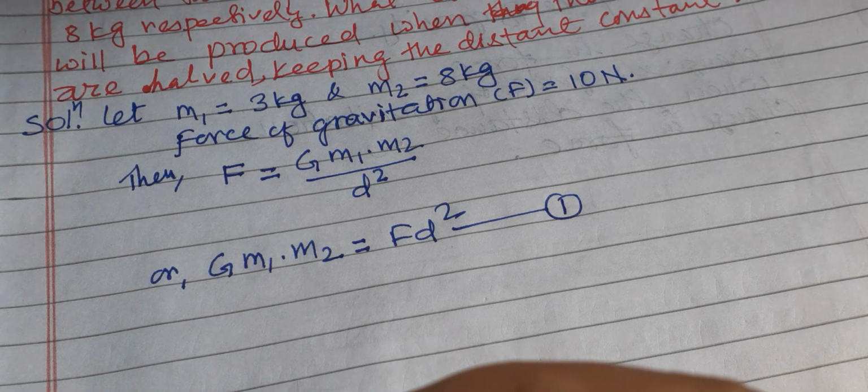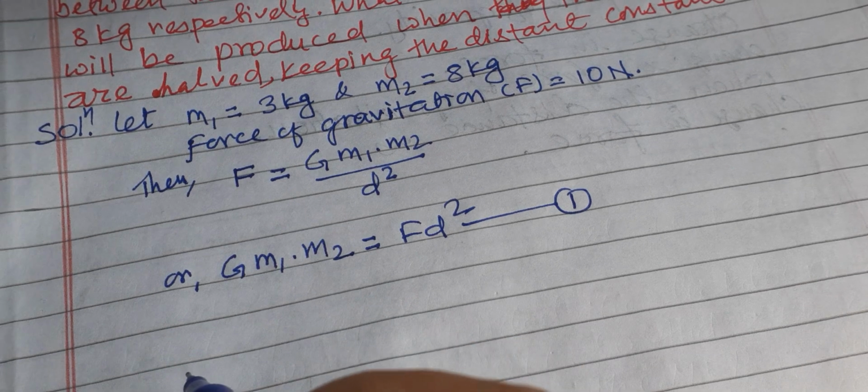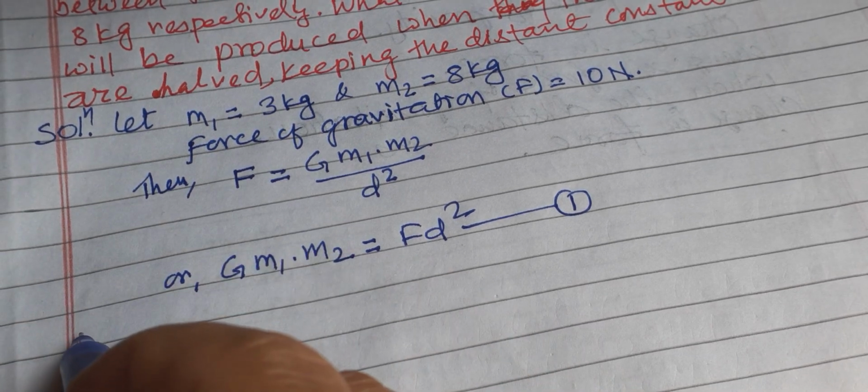So if the mass is changed, then the force of gravitation also changes. So let the new force of gravitation be F1.